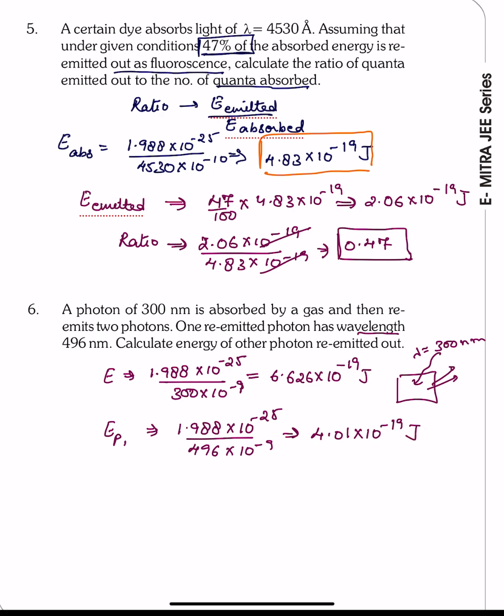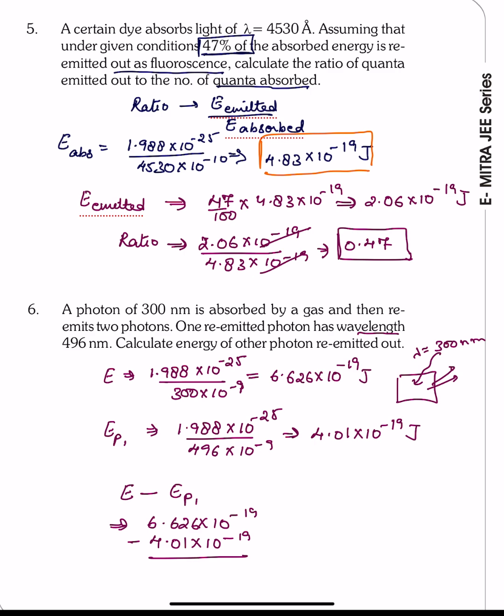And the question is asking you to find the energy of the second photon. So that will be equal to the total energy that you have provided minus the energy of photon 1. So this becomes 6.626 into 10 to the power minus 19 minus 4.01 into 10 to the power minus 19.